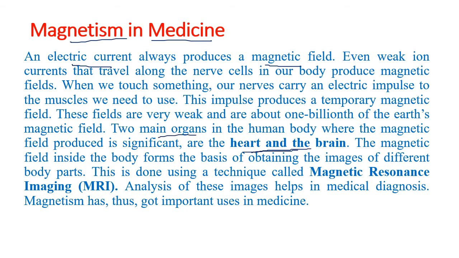When there is a brain injury and you want to study the brain, we do magnetic resonance imaging, MRI. Why can we do that? Because the brain carries electrical impulses, and wherever electricity is in motion, it produces a magnetic field. So the electric activity in our brain can be studied externally by magnetic resonance imaging.